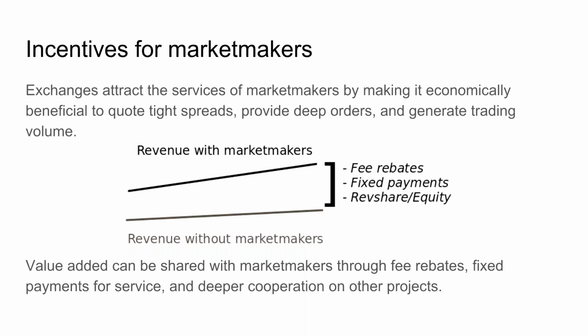And this is often done through fee rebates. A market maker would get a special fee discount because he's adding a lot of liquidity, so in comparison to normal users, they get a bit of a fee benefit. Another form is to just make a fixed payment, like you pay them 100 ETH per week if they meet certain conditions.